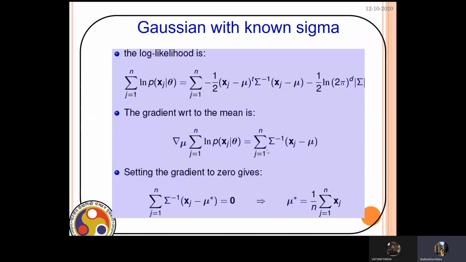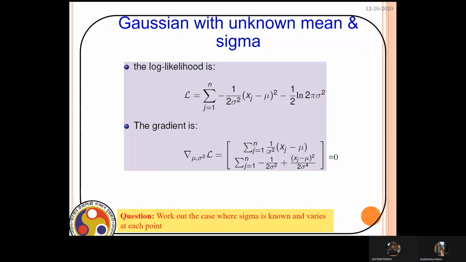Setting the gradient to 0 gives mu star equal to the sample mean. That is, the estimated value of the parameter mu is actually the sample mean. So this is what our maximum likelihood method gives.